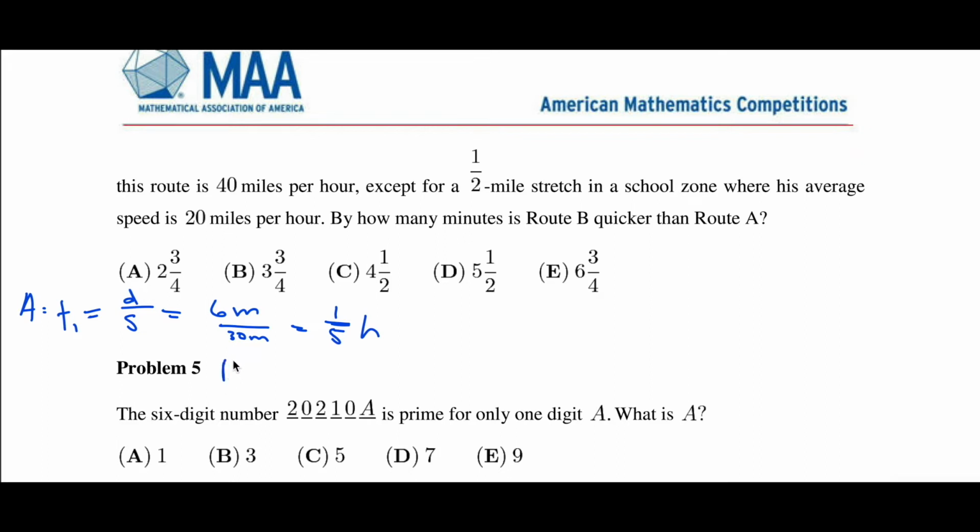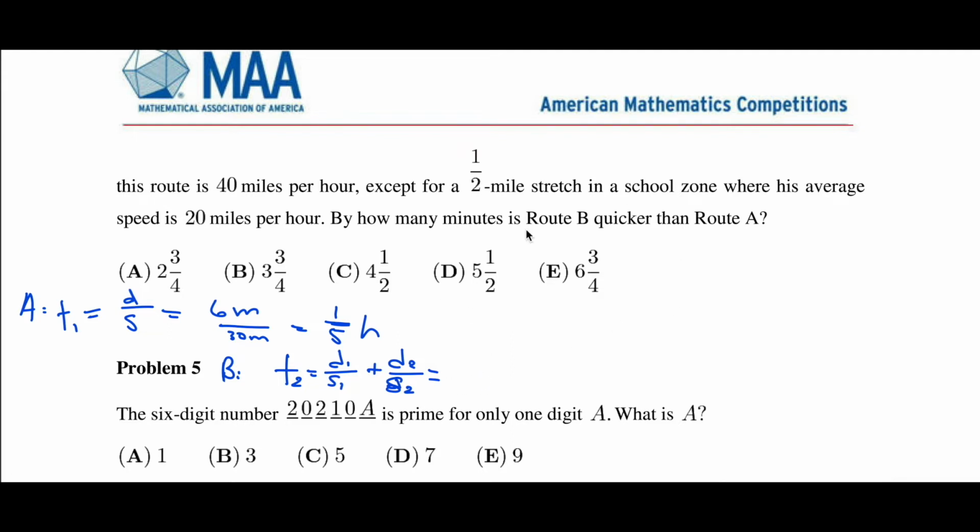So now for Route B, let's separate into two parts. The first part is everything but the school zone. The second part is the school zone. So we have the second time is D1 over S1 plus D2 over S2.